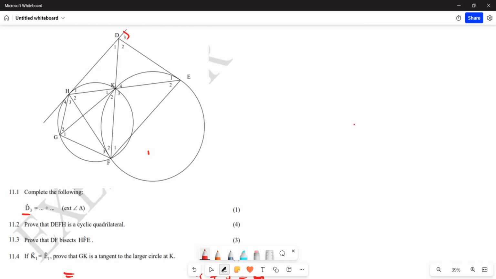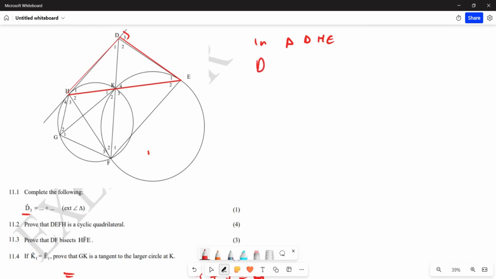Remember that your D3, if you look at this triangle here, this red triangle that I've just highlighted, in triangle DHE, what is it that you can do now?